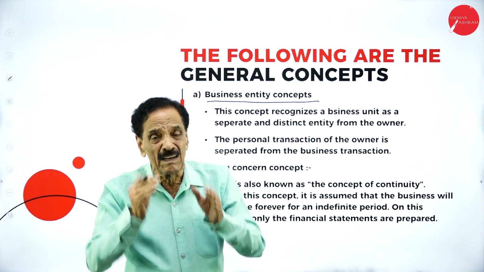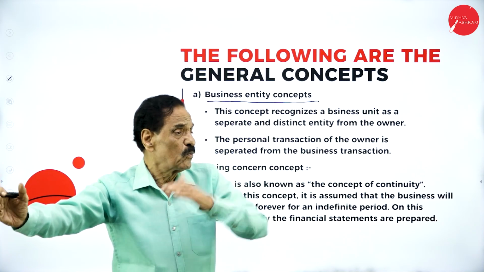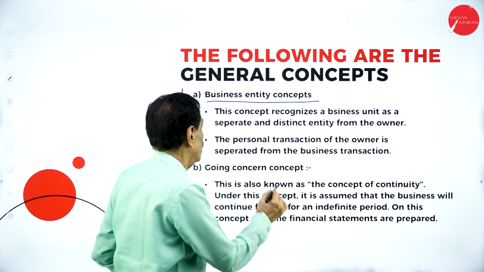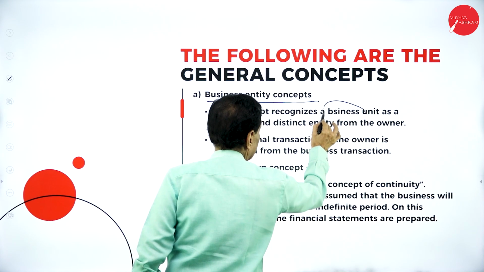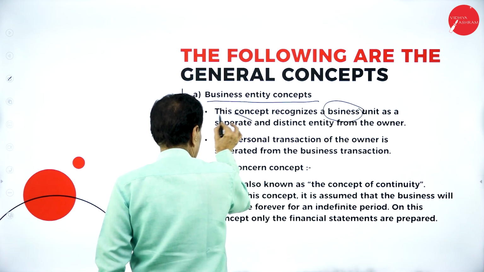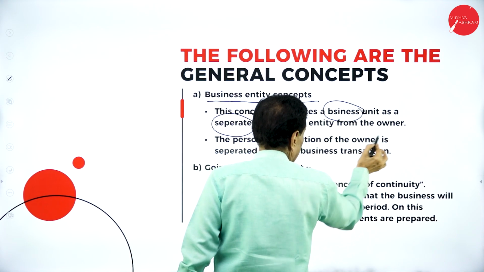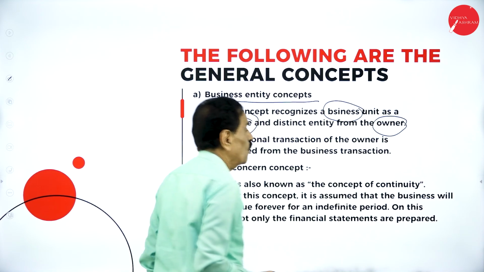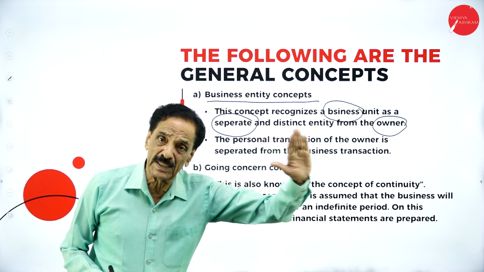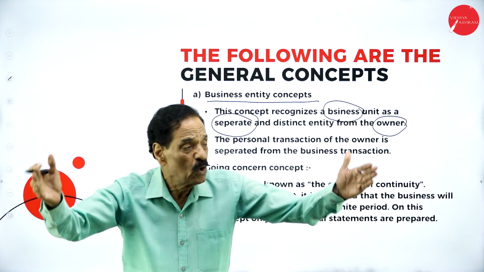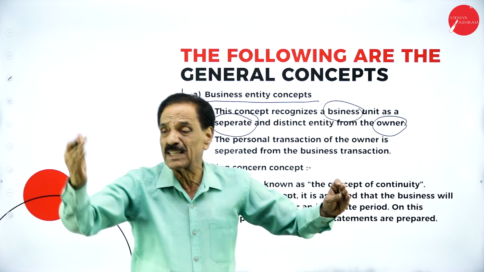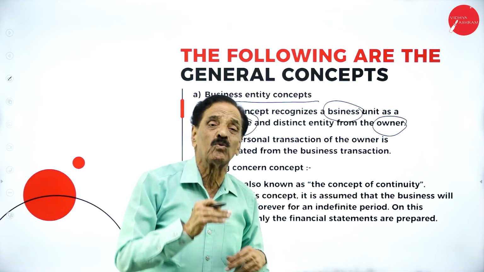We think of one side as the owner, and one side as the business. So we talk of the business as separate and the owner as separate. Both parties are there, one side as business, another side as owner, but it belongs to the owner only.